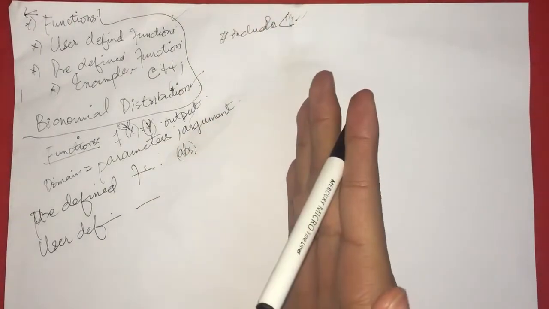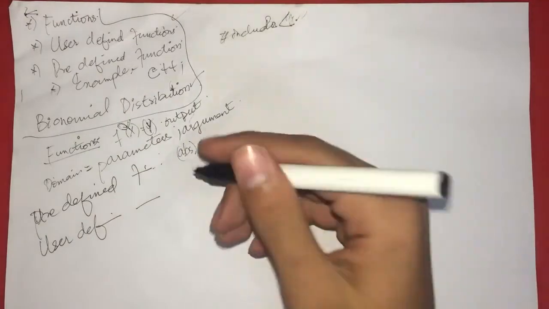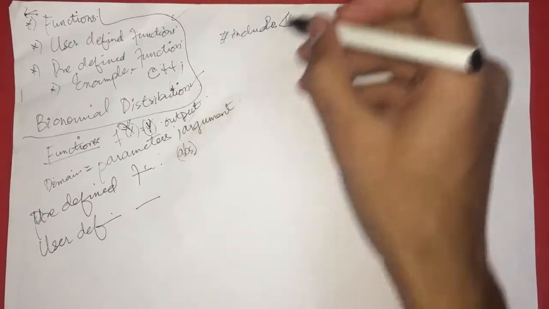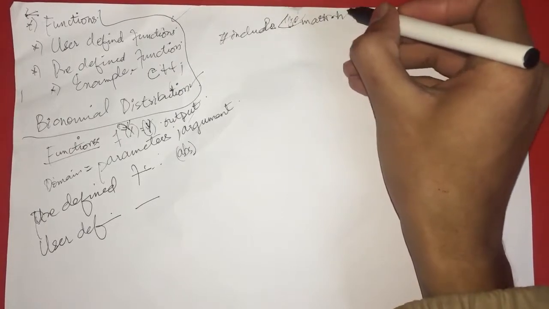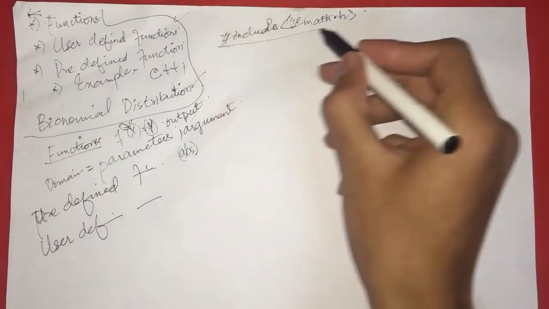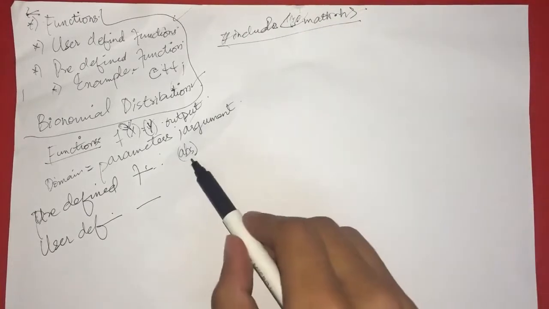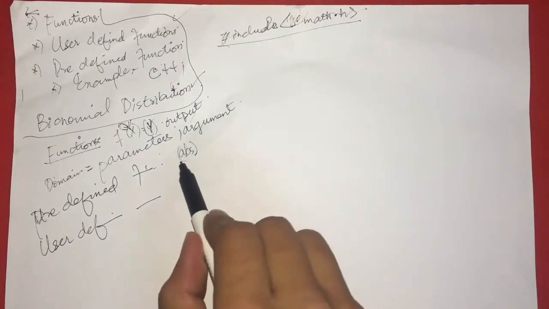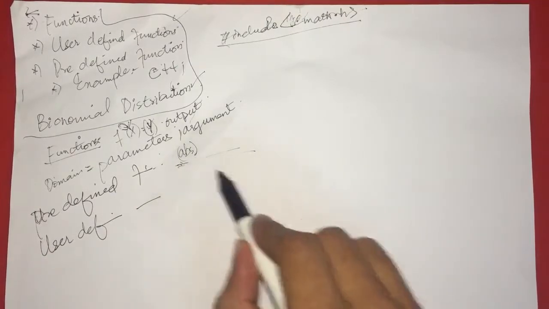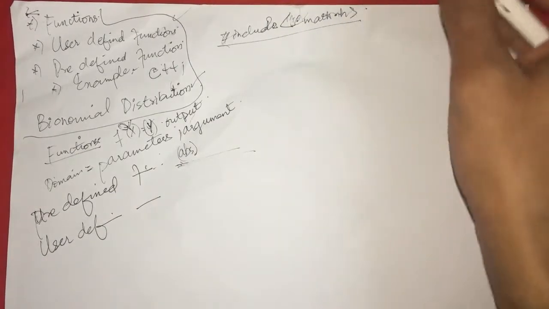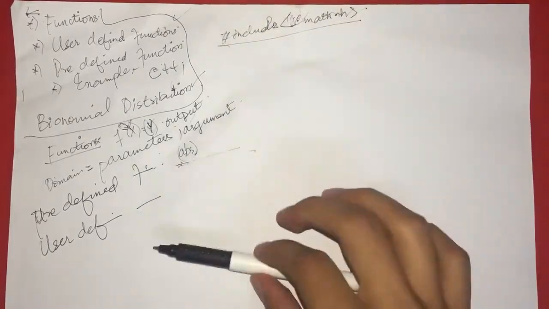For different functions we have different files. For example, for absolute we have cmath, so you have to declare it at the top. This is the file it will check when it comes to this function in the code, and it is going to execute it in your program.